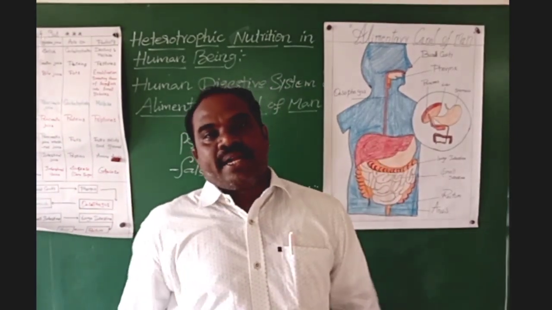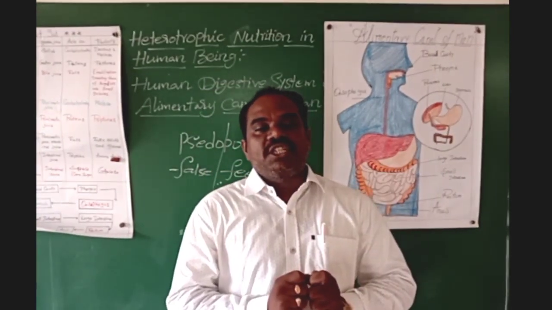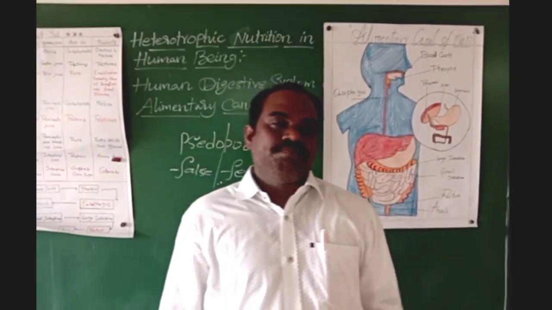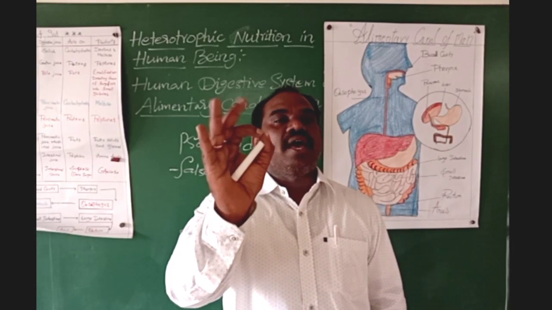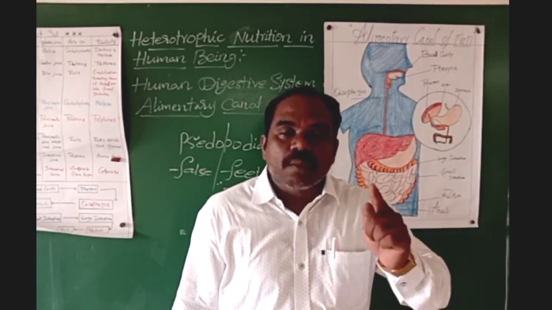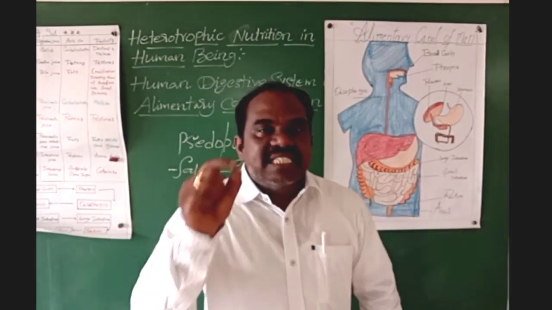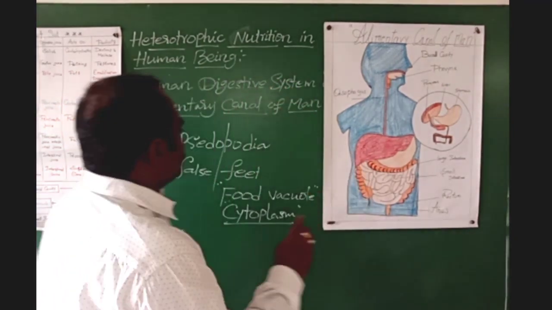The previous class explained heterotrophic nutrition in paramecium. Paramecium is a unicellular, or single-celled, organism. Paramecium is also called slipper animalcules.